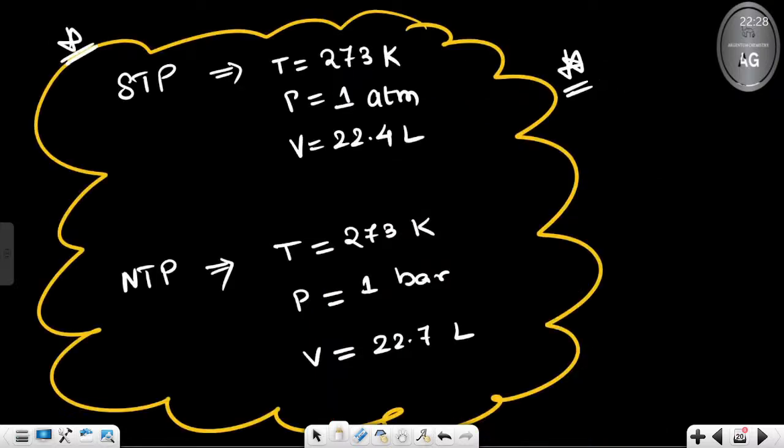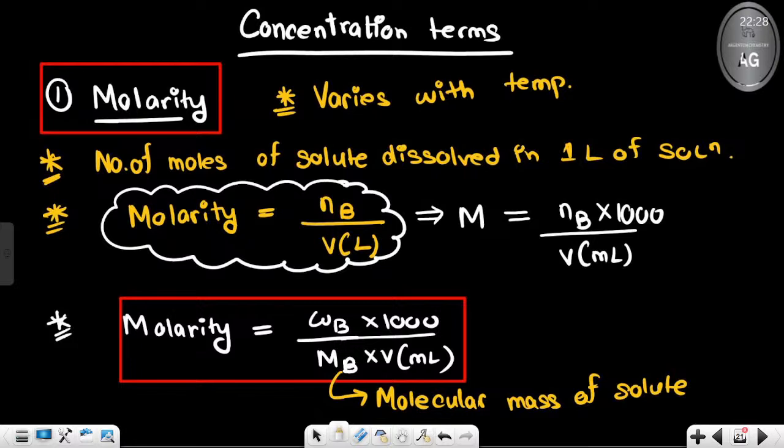STP is 273 Kelvin, 1 atm, volume 22.4 liter. NTP is 273 Kelvin, pressure 1 bar, volume 22.7 liter. Sometimes 298 Kelvin will come as well. If 298 Kelvin is mentioned, you will use it, otherwise you have to use these values. Though most of the time 298 Kelvin is given in the question, and in physical chemistry the standard value is 298 Kelvin.